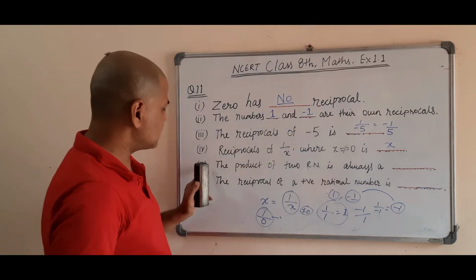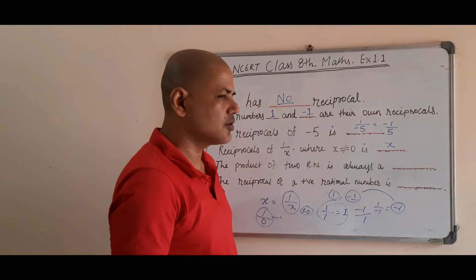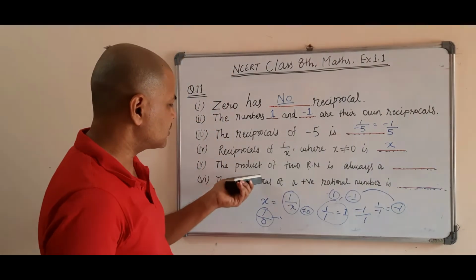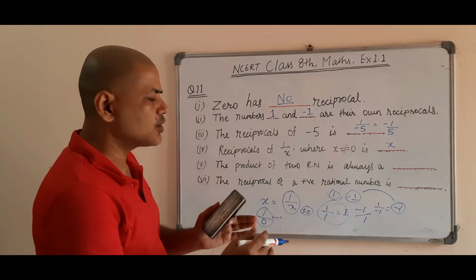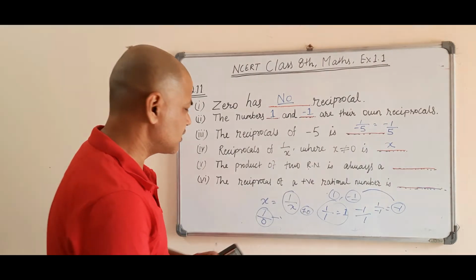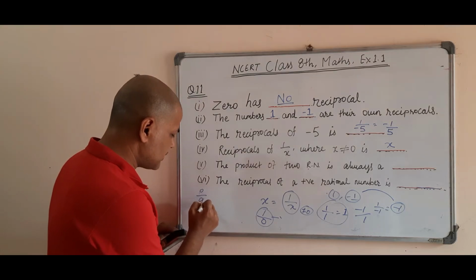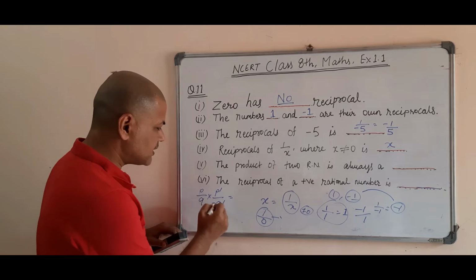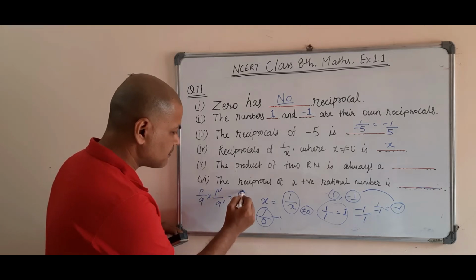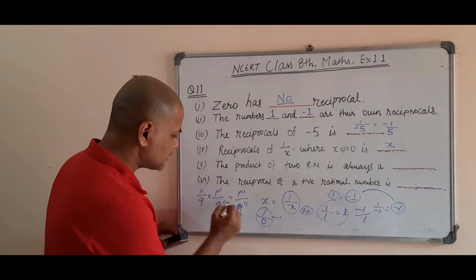Next is question 5: the product of two rational numbers is always a what? In this question, they want to ask what kind of number the product of two rational numbers will be. Suppose we have two rational numbers p by q and p dash by q dash. If you multiply these, the result will be in the form of p double dash by q double dash.